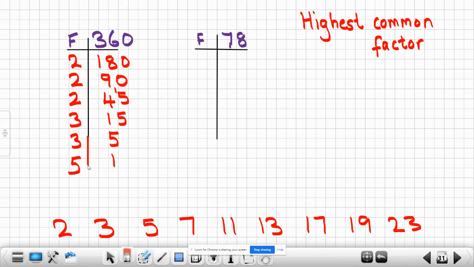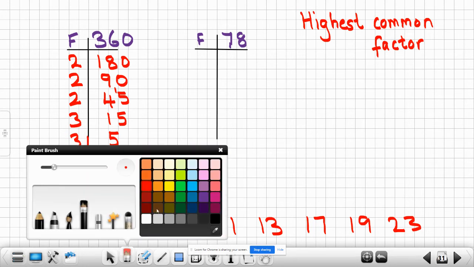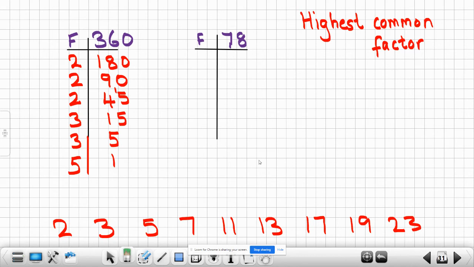Let's extend that line. Okay, so 360, big number, so lots of prime factors there, but once you get into the habit of this, it's quite quick to do, particularly if you're good with your tables. So let's write 360 as a product of its primes, and it would be 2 times 2 times 2 times 3 times 3 times 5.